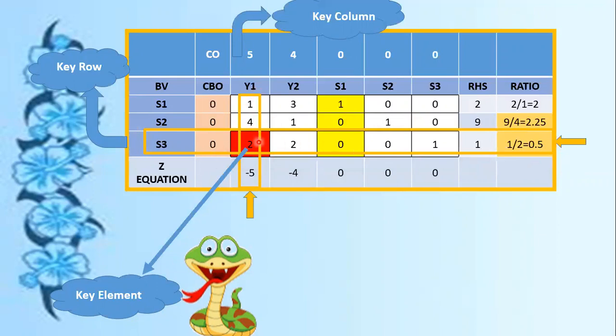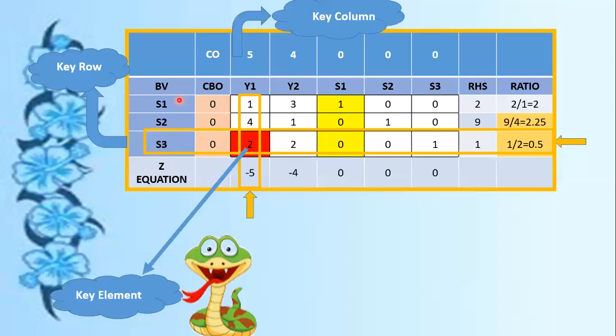Intersection of key row with key column is called the key element. So S3 is the key row, Y1 is the key column, and 2 is called the key element. In the next table, y1 will be entering your basic variable table and s3 will be leaving the table.